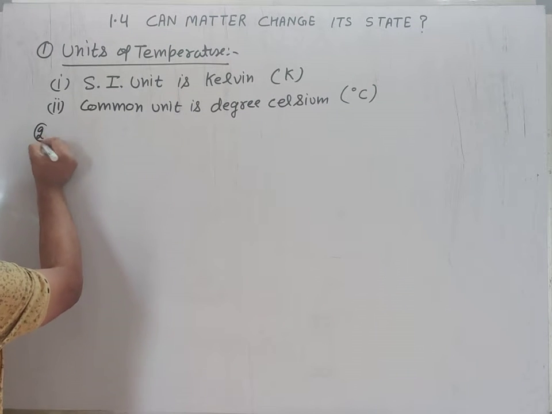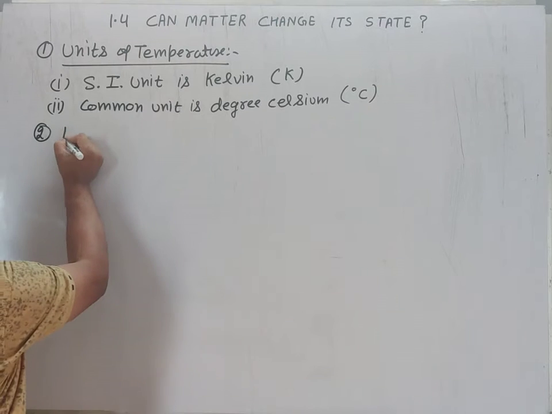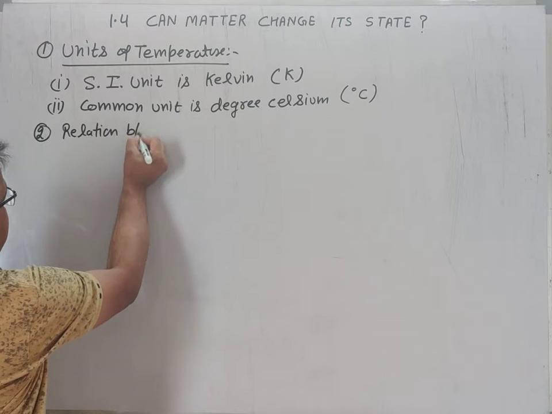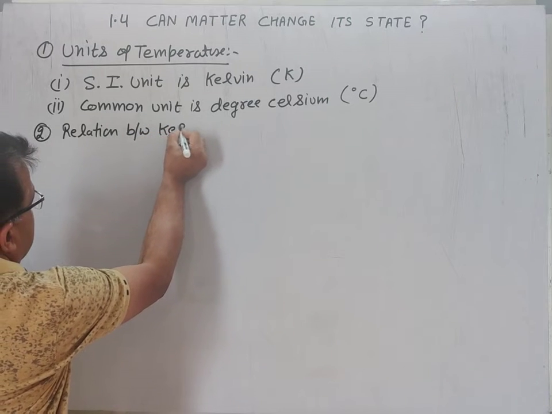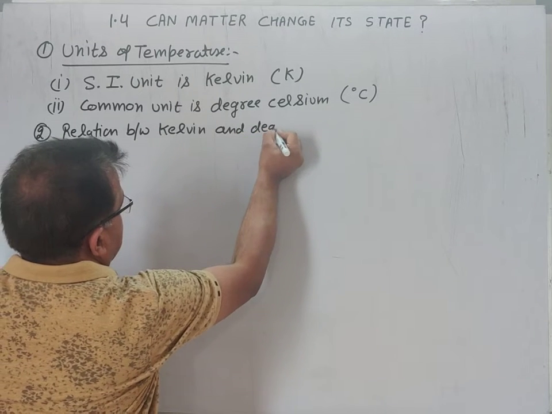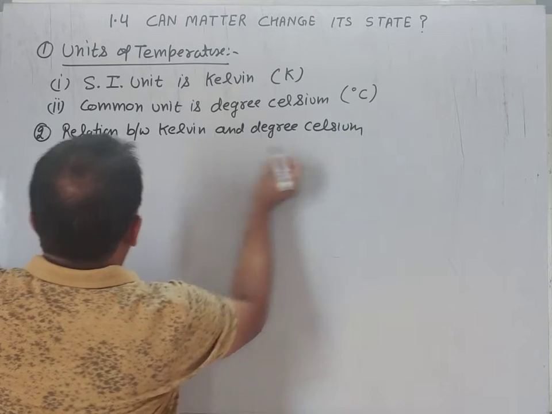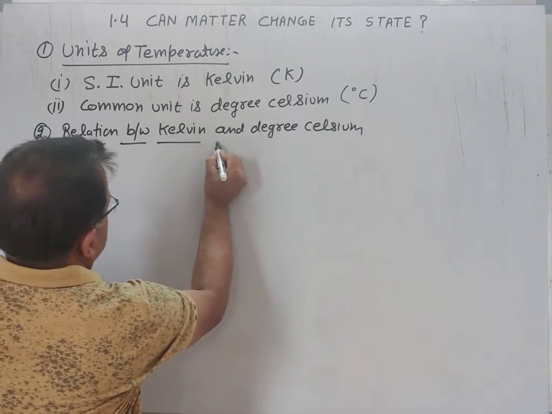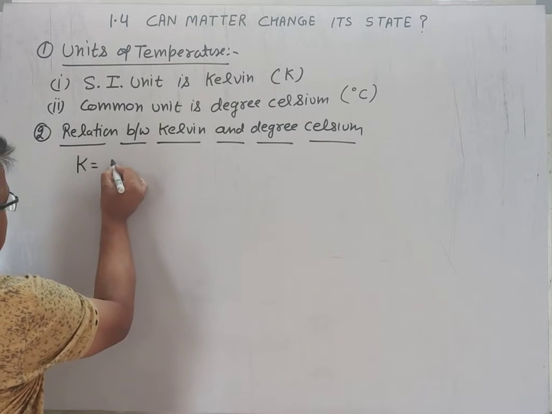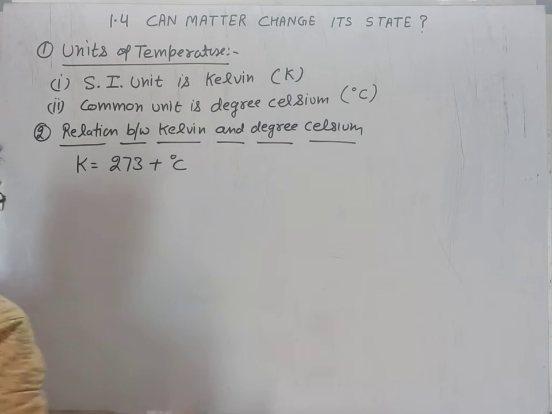Second point, what is the relation between Kelvin and degree Celsius? Kelvin, that is K, is equal to 273 plus degrees Celsius.